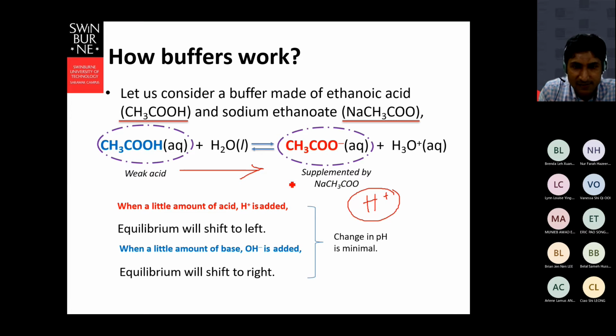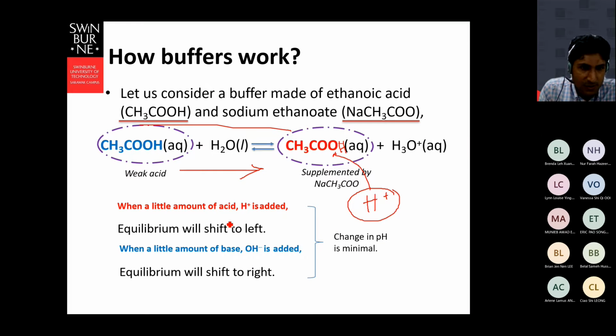This is a little bit confusing, so you should pay attention. Acid means hydrogen or hydronium ion. So far we have called it hydronium ion. I also said that for simplicity we call it hydrogen ion. If I add hydrogen here, what will happen? Hydrogen is going and attaching there, like this. So the reaction is going that way. It's producing acetic acid, that means going backward.